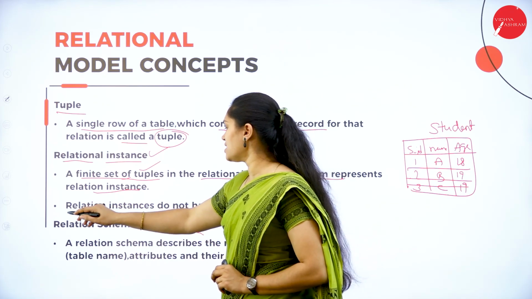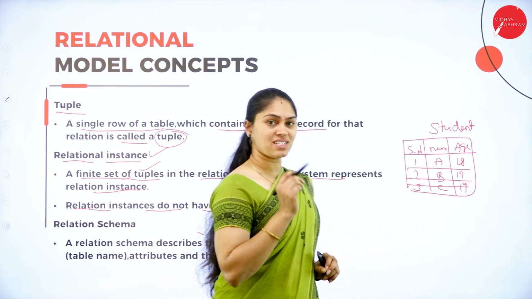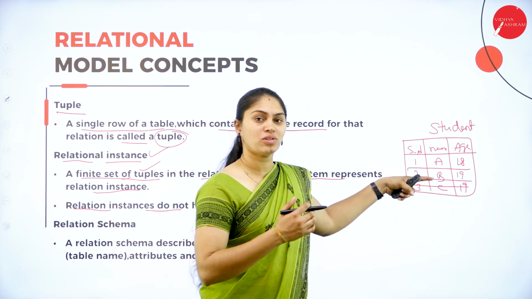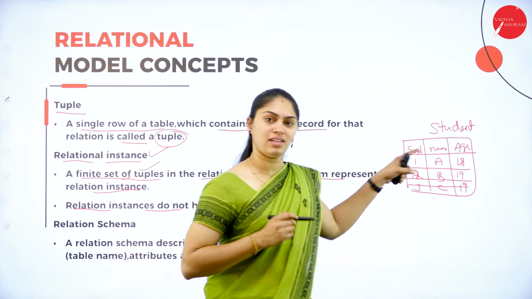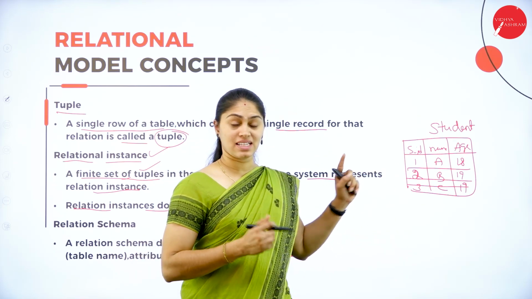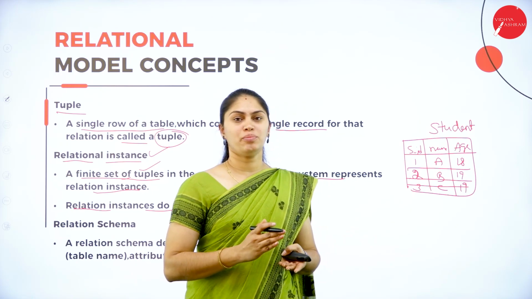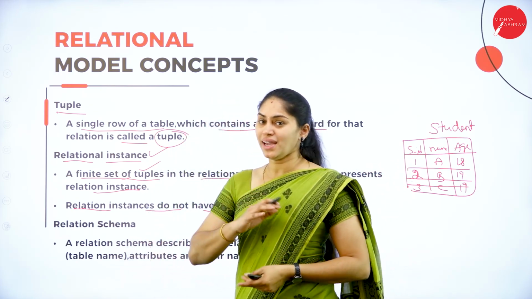Then, this relation instance does not have duplicate tuples. I can't have the same value for all the attributes in both tuples or both records. So this has to be unique from one tuple to another. Then we can say there is no duplicacy. In order to maintain the consistency of your data, there should be no duplication in the tuples. The value of a tuple should be unique.